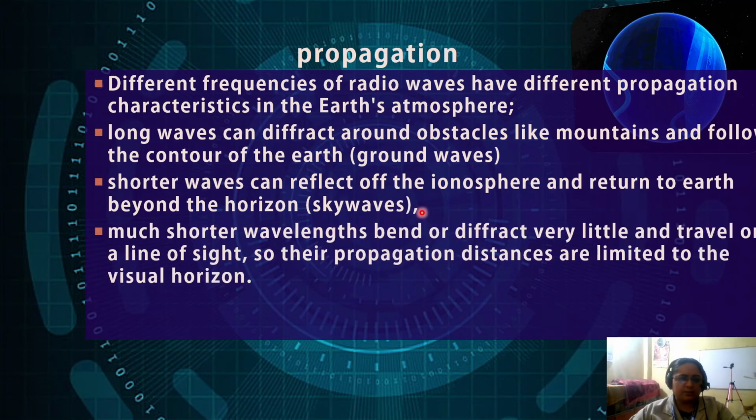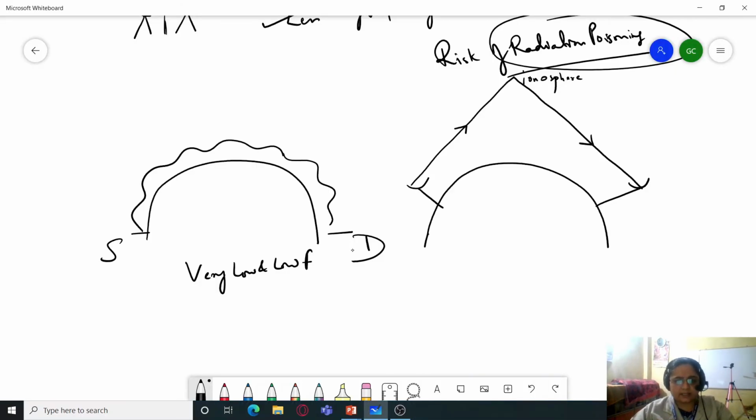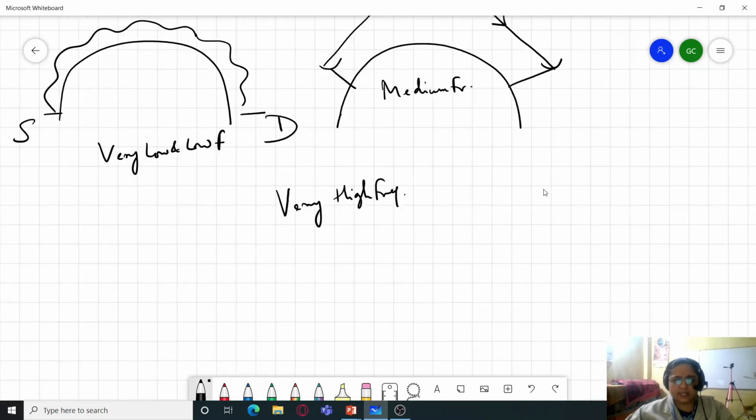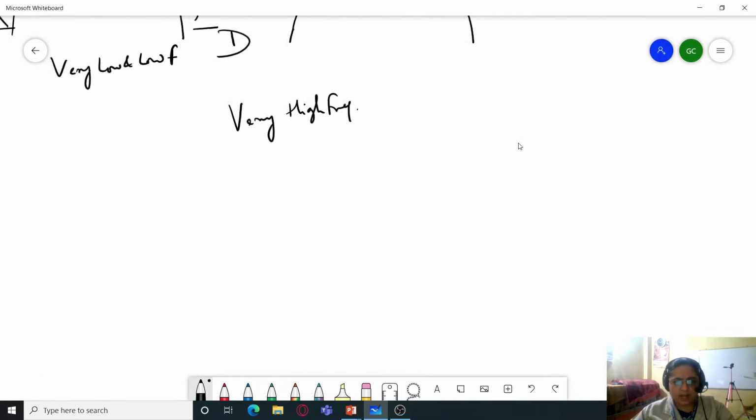And the last one: much shorter wavelengths bend or diffract very little and travel along a line of sight. That is very high frequency waves, and these are medium frequency. So very high frequency waves are not very flexible, so they cannot penetrate walls.